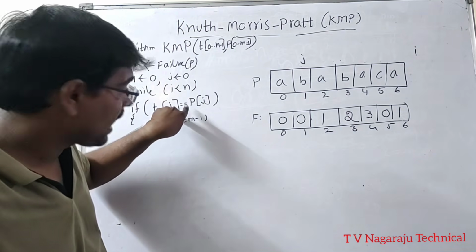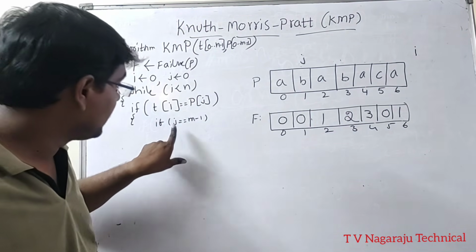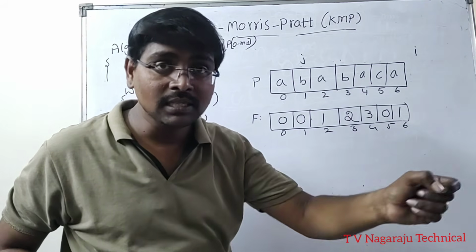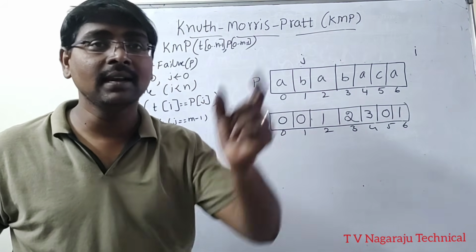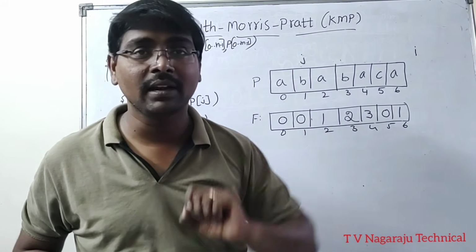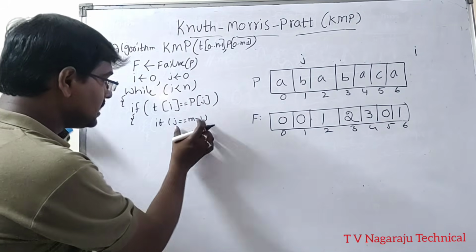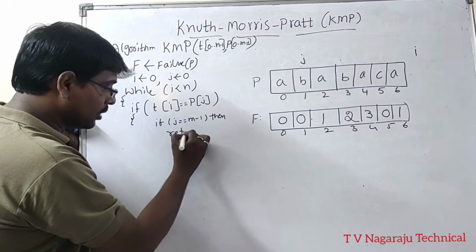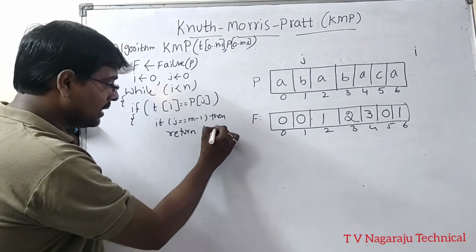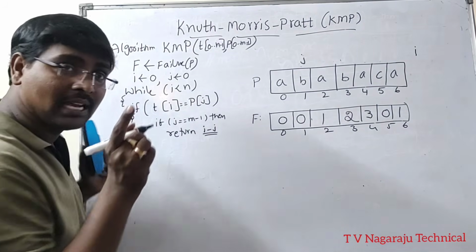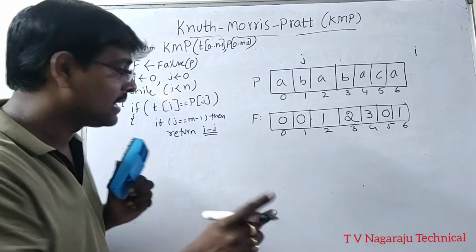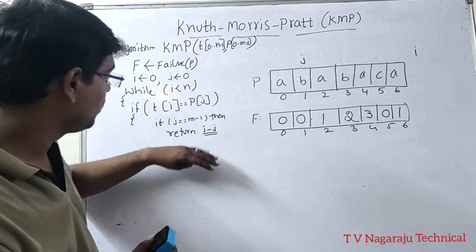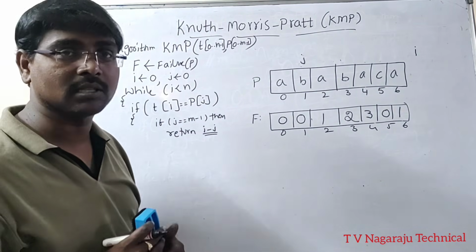If both characters are equal, and at the same time j is at the last position, it means my entire pattern is available in the given text. Yes or no? If this is the condition, then you need to return i minus j. What is i minus j? That is the index where the pattern is available, and then the algorithm is completed successfully.